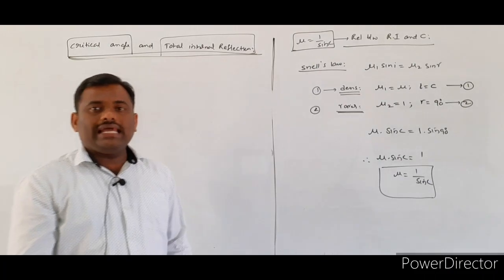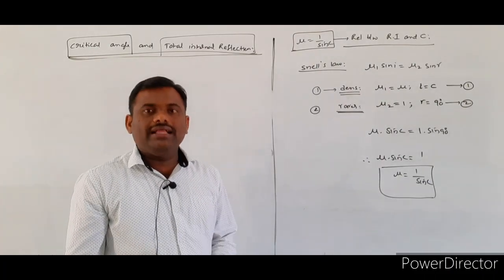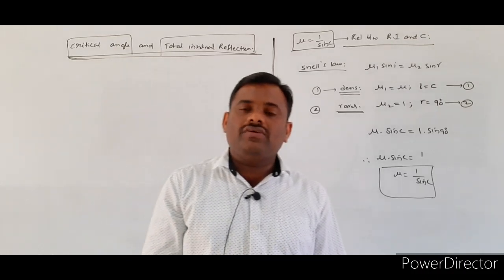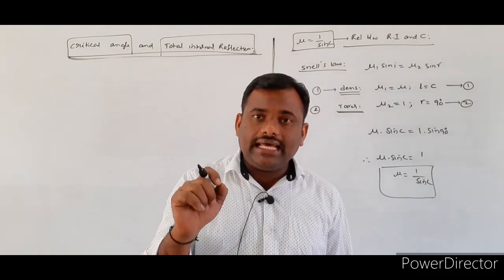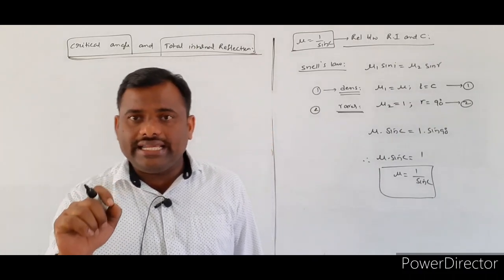Here we are going to calculate the angle of deviation when the incident light in the denser medium is incident with the critical angle. The incident light ray is incident with what angle? Critical angle.